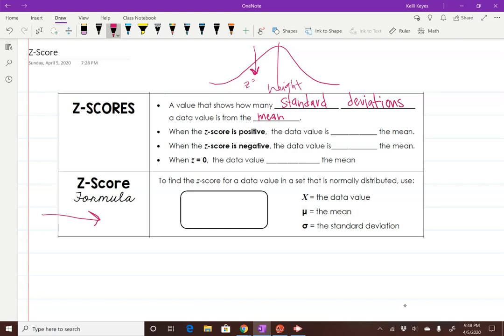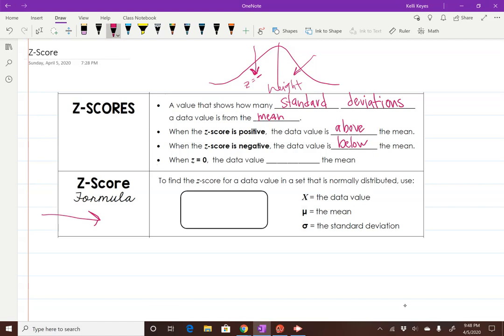If your Z-score is positive, then you're going to be up here. You're going to be above the mean. If you have a negative Z-score, like this first arrow I drew, then it's going to be below the mean, which makes sense because if your Z-score is negative, you're below. If it's positive, you're above.